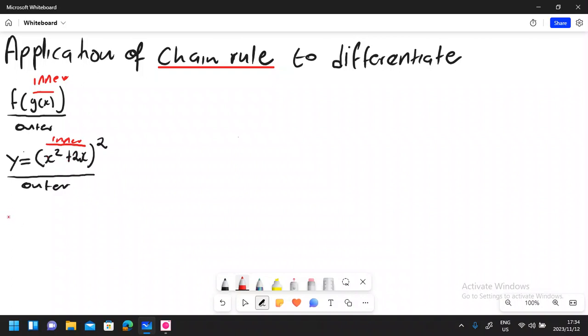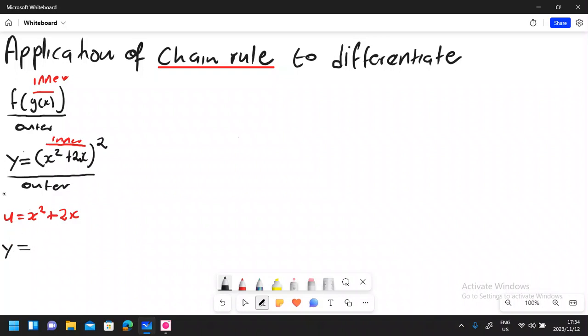Now the inner, you can substitute and say the inner is equal to u. So the inner is x squared plus 2x, which is within the bracket there. The inner we equate to u, while the outer we equate to y.